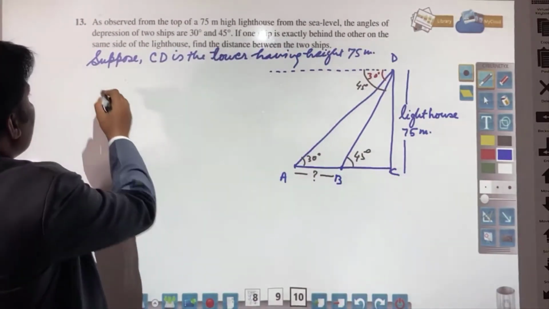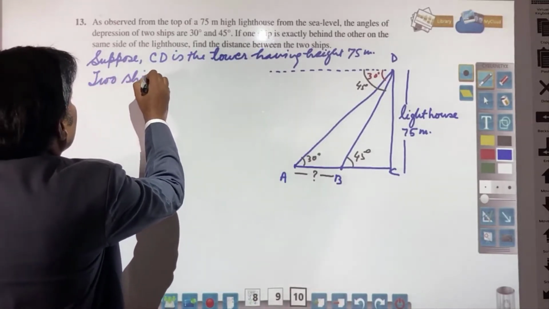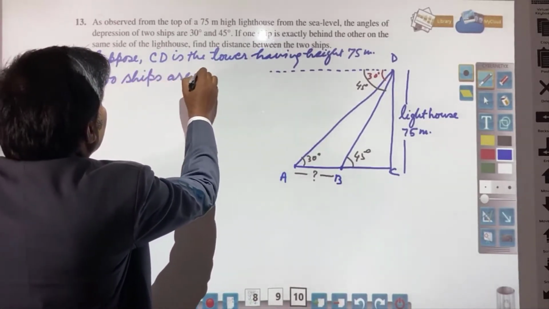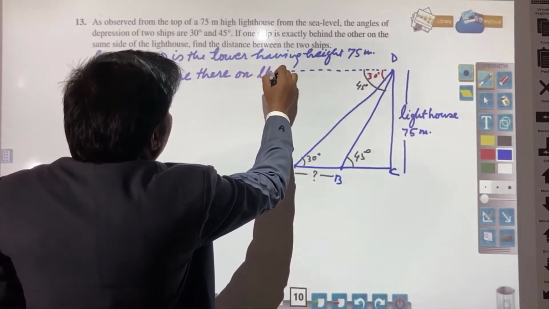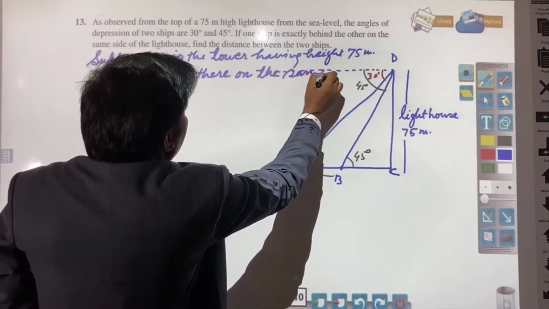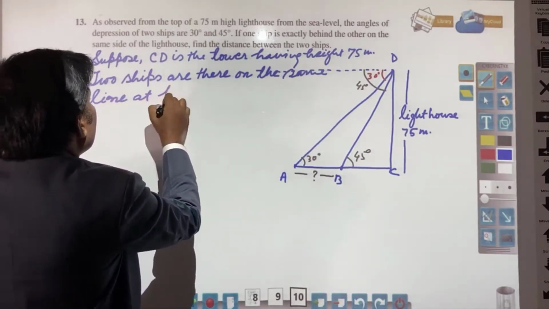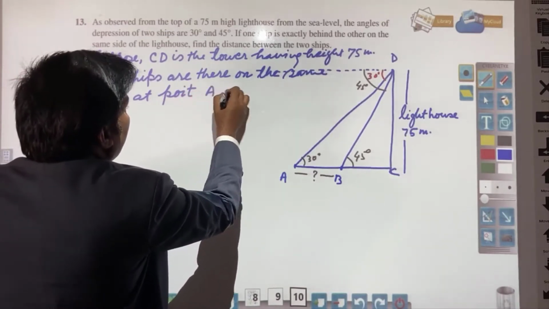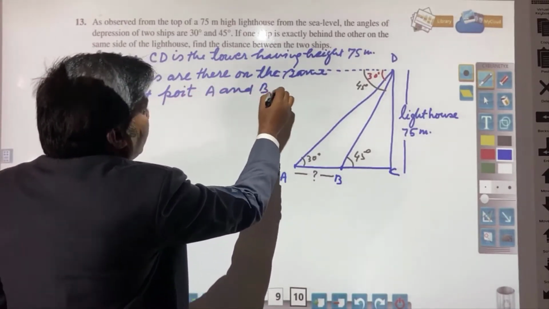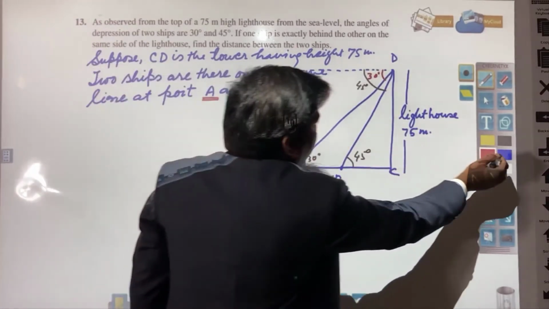Now here you see two ships are there on the same line, at point A and B. 2 points are there at point A and point B.